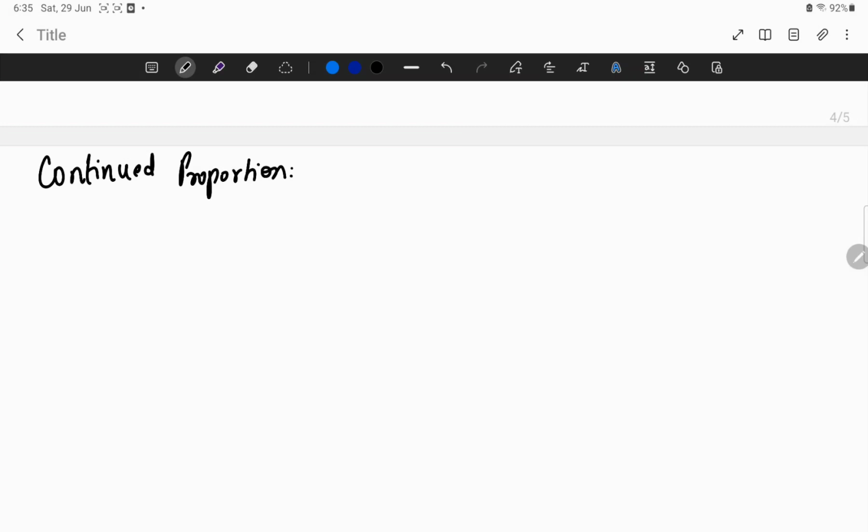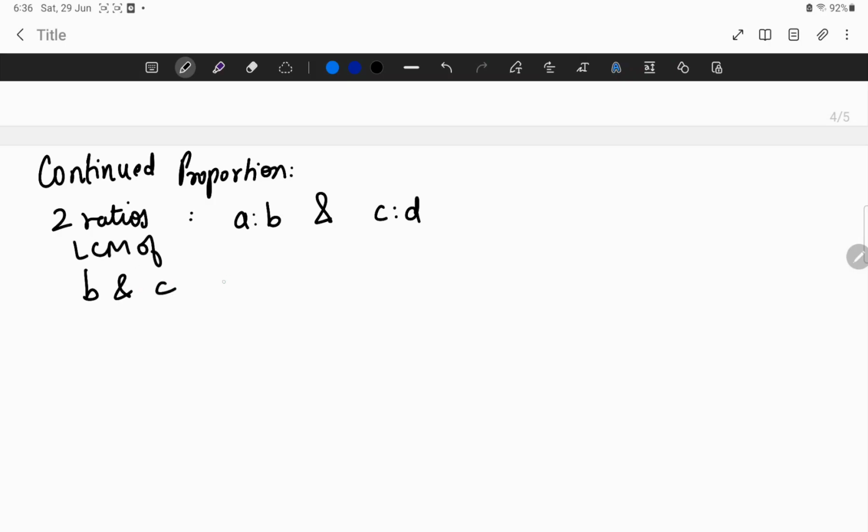So in this, if you have two ratios which are again a is to b and c is to d, and they are reduced, and you want to make a continued proportion out of these, we know that the LCM of b and c is actually bc, because all of these fractions have been reduced to the lowest form.